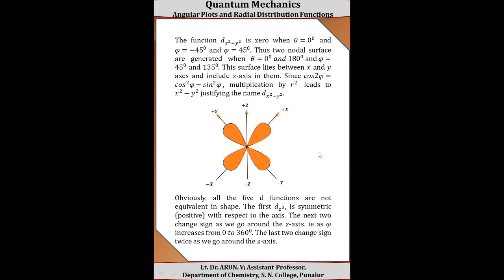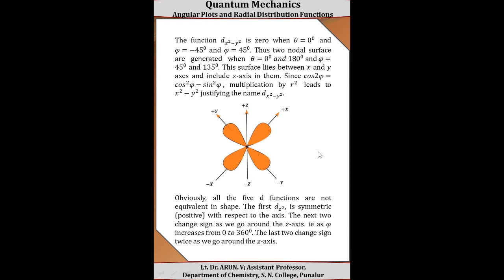Since cos 2 theta is equal to cos square theta minus sin square theta, the multiplication by r square leads to x square minus y square, therefore justifying the name d x square minus y square. We know that these 5 d functions are not equivalent in shape. They have different shapes.